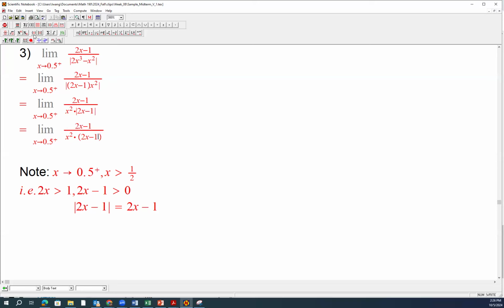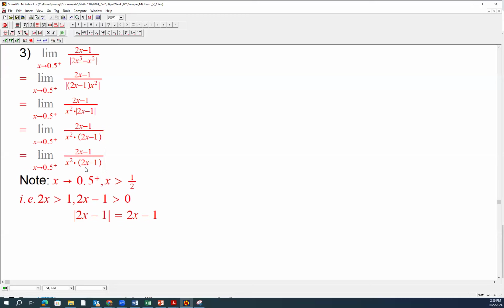Right? So this is to understand. We're just finding the limit from the right. So now 2x minus 1 and 2x minus 1 can be reduced. There is a process for us to remove that. Okay? So 2x minus 1, take away the 2x minus 1.